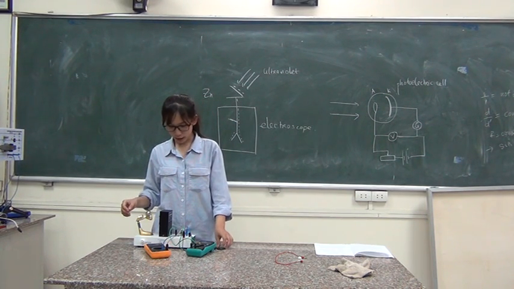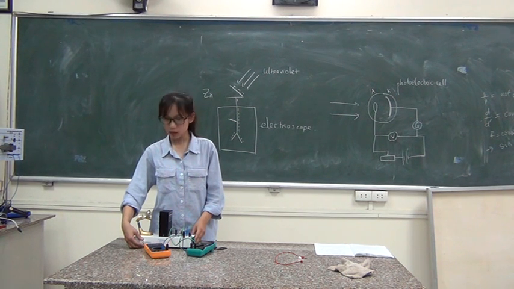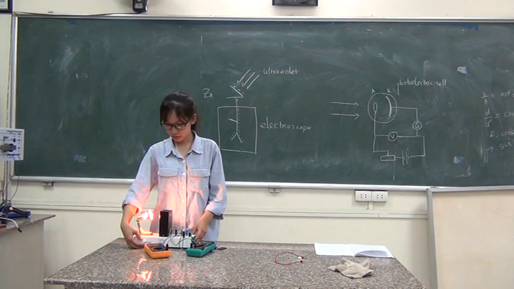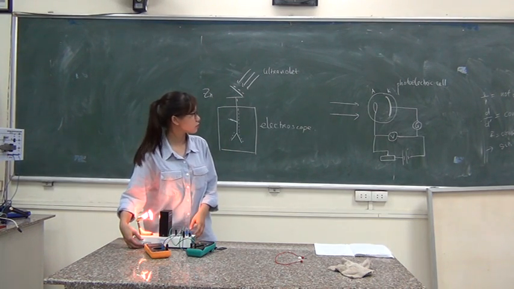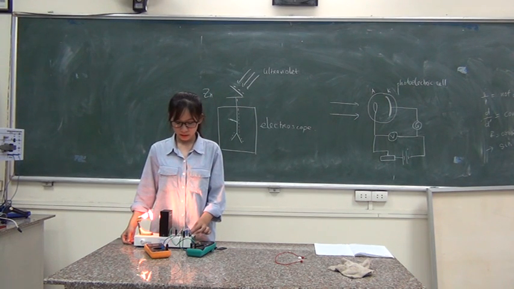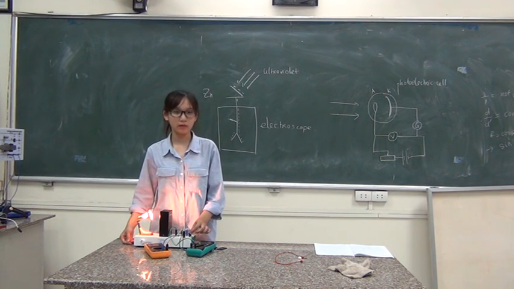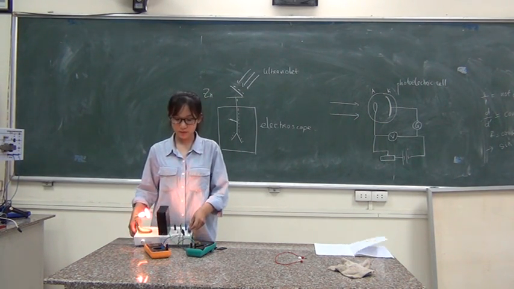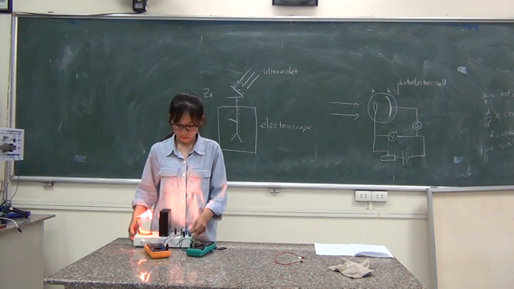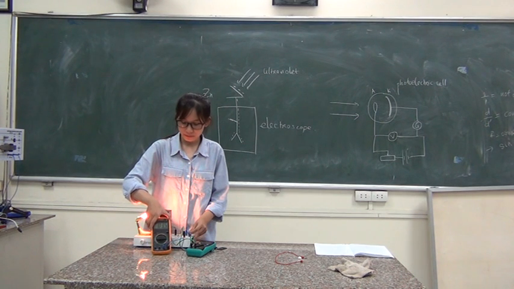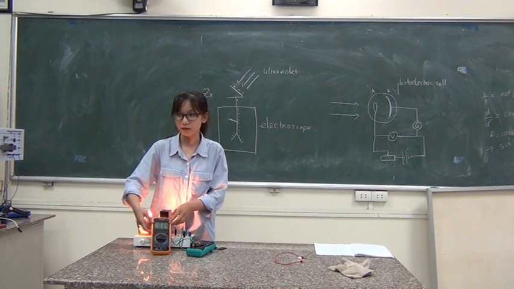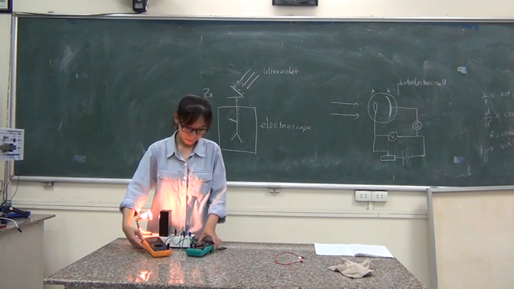First of all, I will shine a white light onto the photoelectric cells, and I will change the resistor to this, so that it can reduce the value of U here.